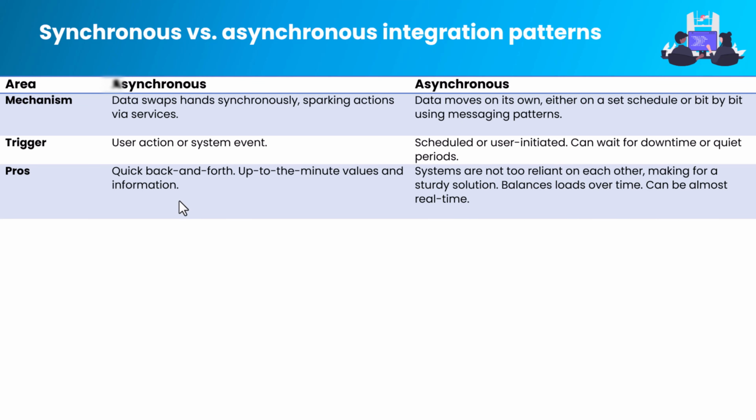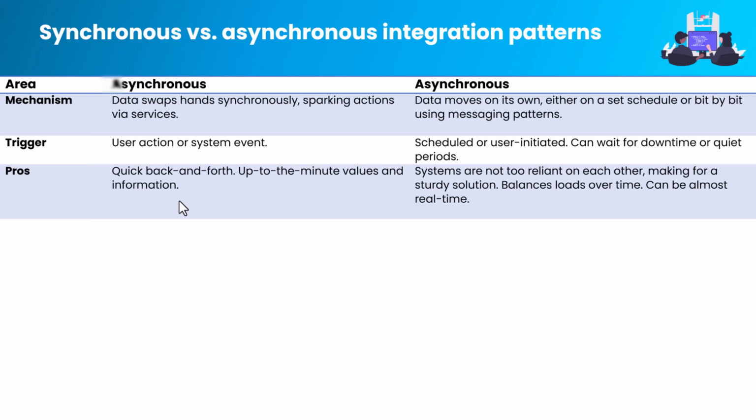Now we'll discuss some pros. In case of synchronous, there is a quick back and forth, keeping values and information up to the minute. Synchronous systems are great for tasks that require immediate feedback, ensuring that all systems have the most current data at all times.